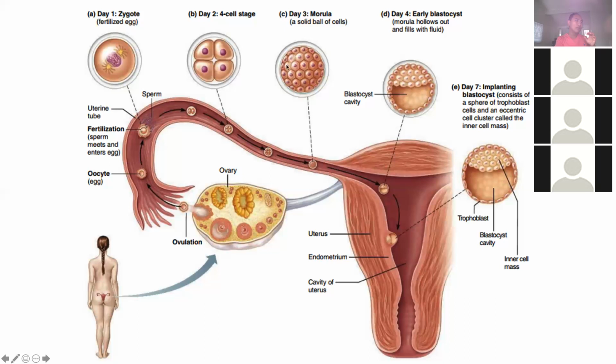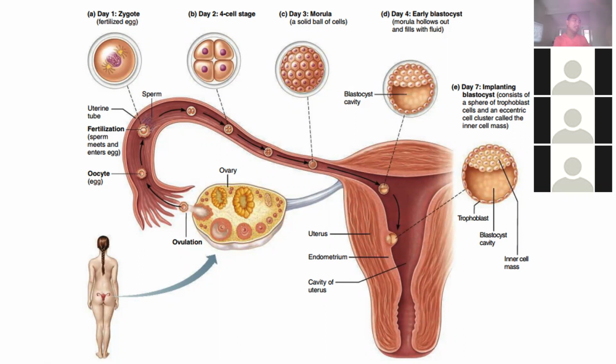So until the morula stage, before it enters the uterine cavity, it is filled with cells. Once it gets into the uterine cavity, it absorbs fluid from the surrounding environment, and that fluid remains inside and pushes the remaining cells to one corner.